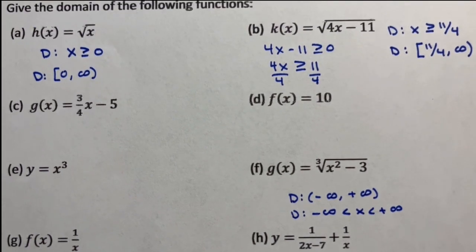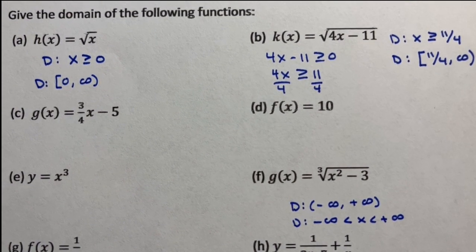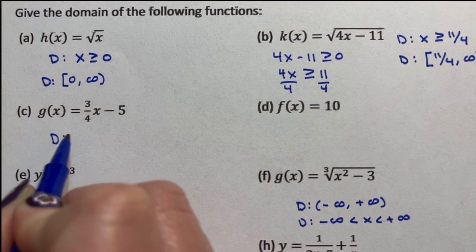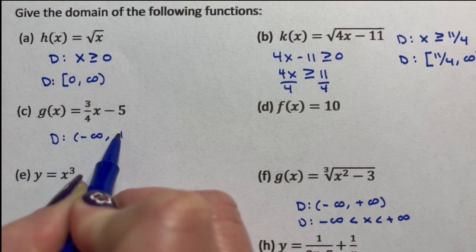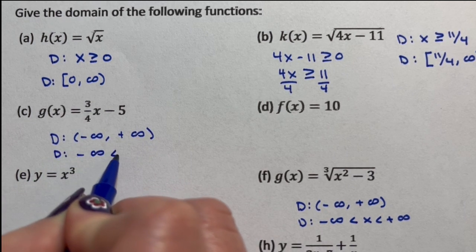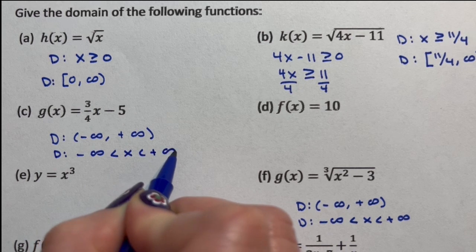Okay, so then what about a line? Lines, in 9 cases out of 10, the domain is all real. Negative infinity to positive infinity. Or negative infinity is less than x is less than positive infinity.